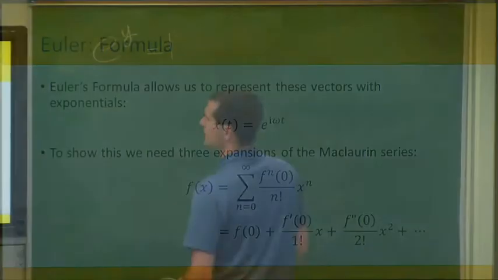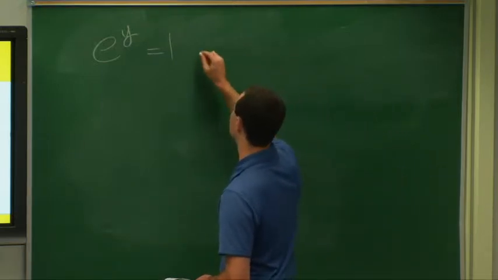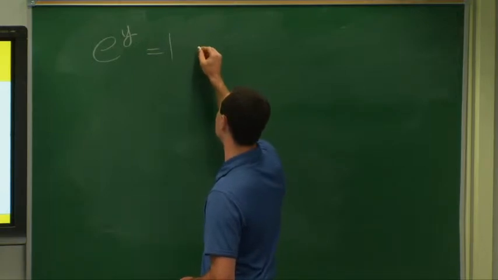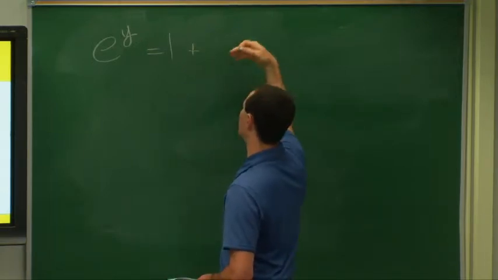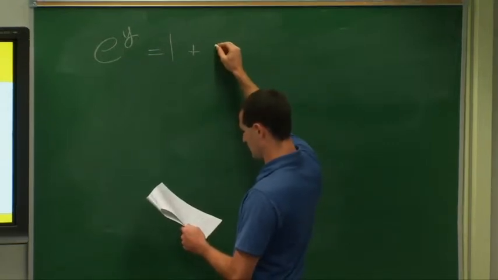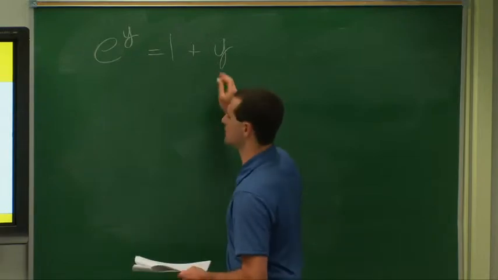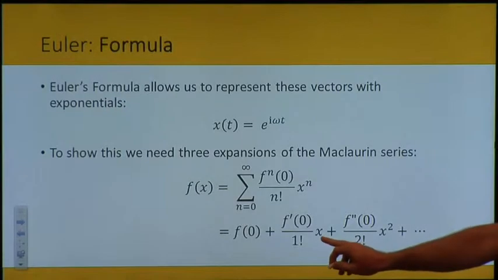If I take the derivative of e to the y, the derivative is just e to the y through chain rule. You evaluate at 0 and you get y, because of my x function, which is actually y in this case.